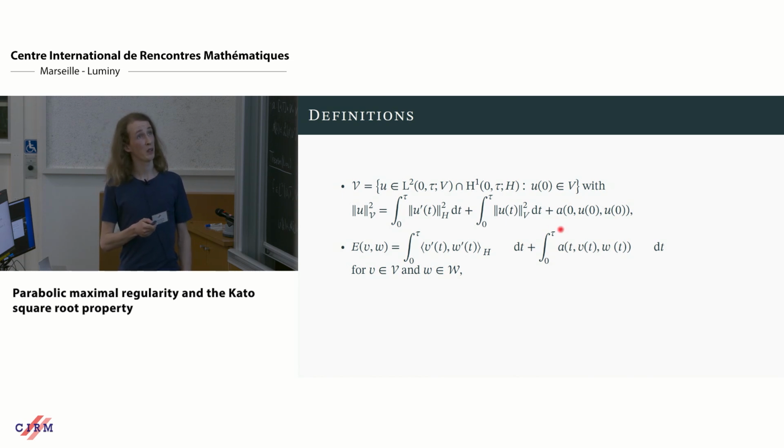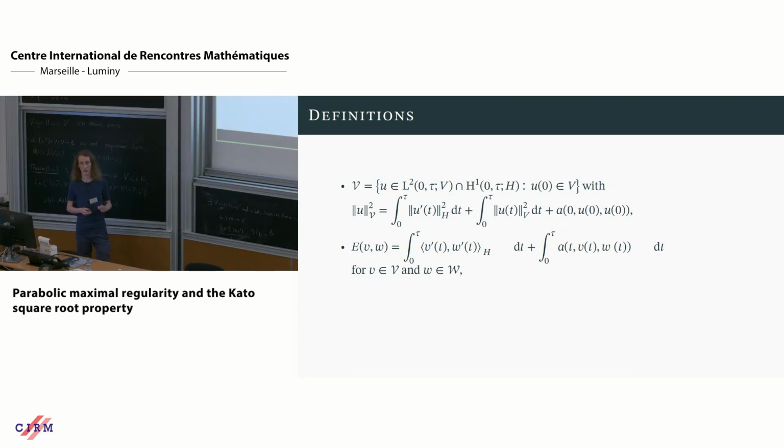Then we look at the second term. We need to estimate A. How do we estimate A? We know from Lyon's theorem that A must be coercive, so we can estimate the real part. How to get there? We will see in the proof that it's a good idea to look at the derivative of A, because we somewhere need continuity or regularity, and we will use it there. If you just think about it, if you take the derivative of A with respect to T, then you get an outer derivative and twice an inner derivative.